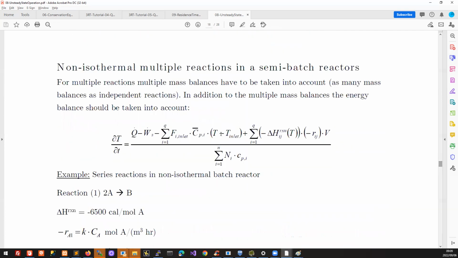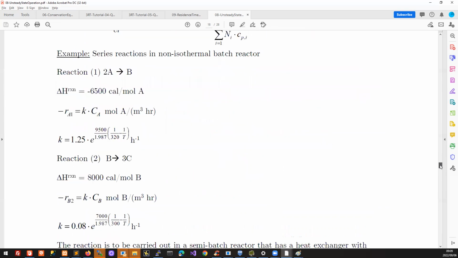Here's another case study where you have multiple reactions competing in the reactor. And so in this case, you have 2 of A giving us 1 of B, but then there's a series reaction where B converts to C as well. And so you've got 2 different sets of thermal dynamics.